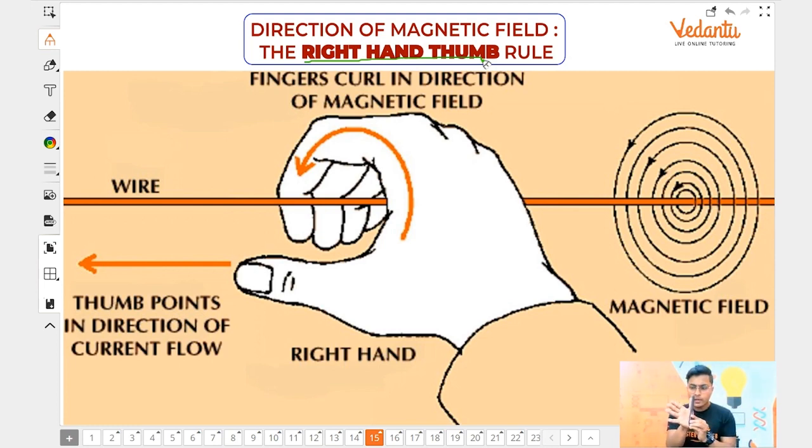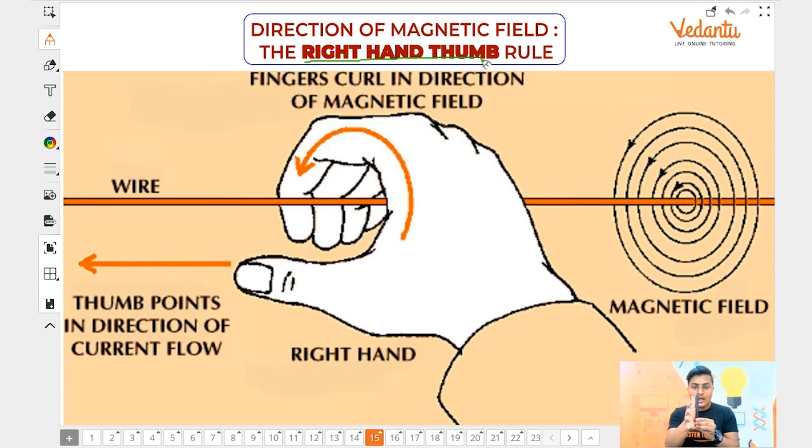Now what we'll do? We will wrap our fingers around this conductor. When we wrap around, this wrapping will give us the direction of the magnetic field. Got my point? Current moving upward, the magnetic field's direction is given by the direction in which the fingers are wrapping around.